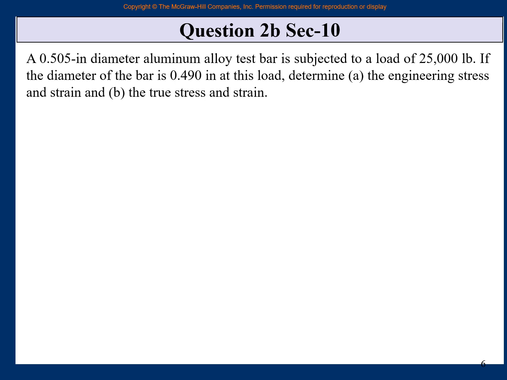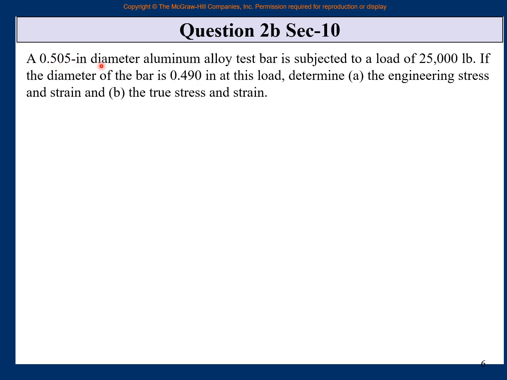Very quickly, we should first write what the knowns and the unknowns are. D0, the initial diameter, is given. F is the current load, so F is given. The diameter of the bar at this load, call it Di or Df, is given.